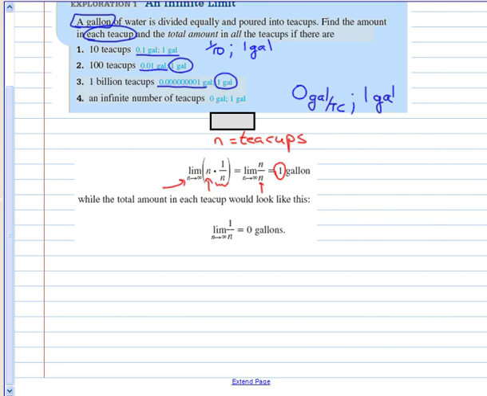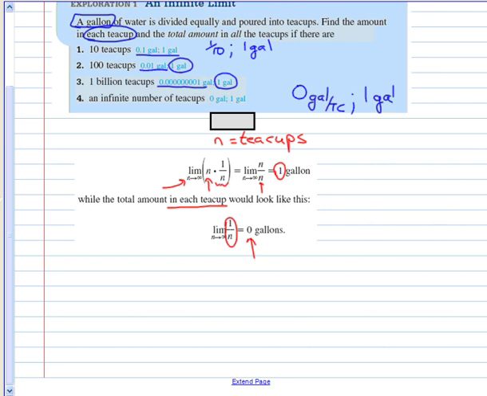Even if I take the limit of that n to infinity, no matter what number I put in there, I should have that same answer. Now, how much is in each teacup? Well, when we take n to infinity of 1/n, we get 0. We've seen that before.